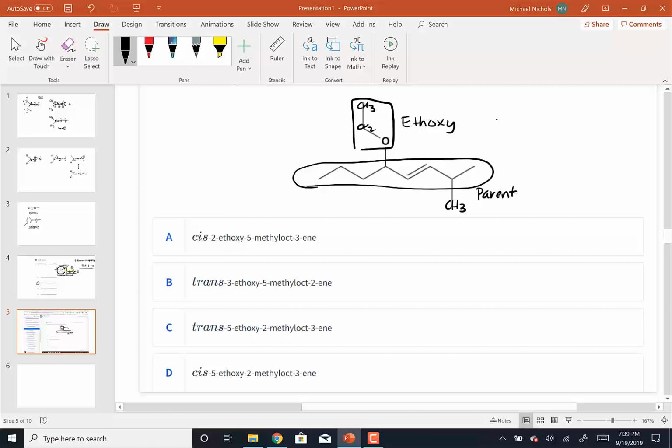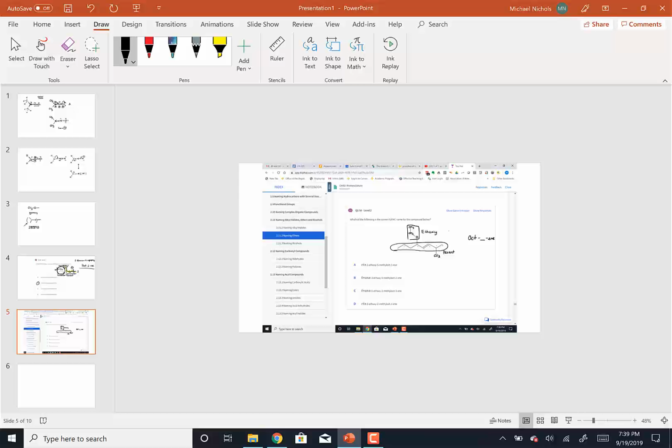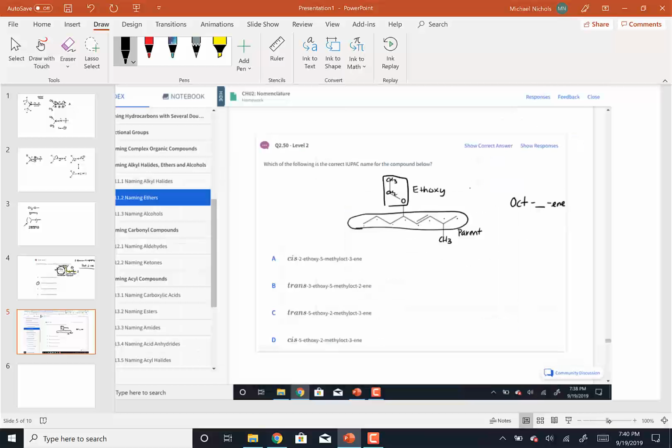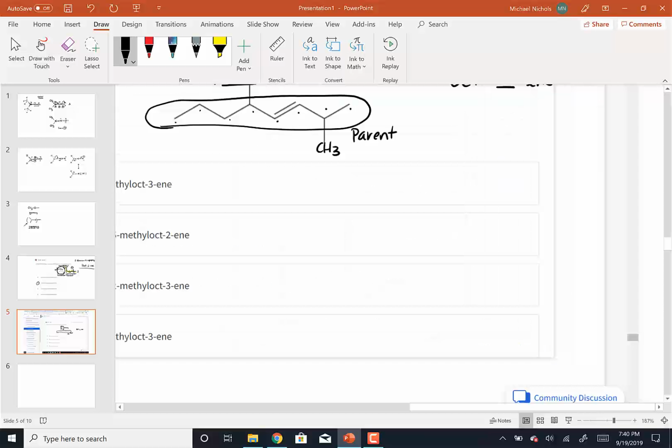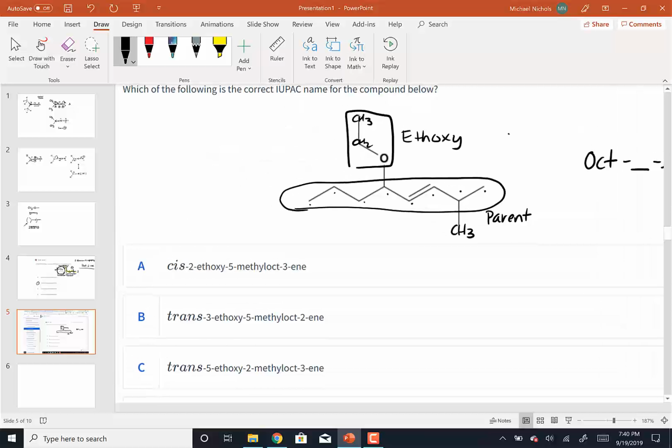Now, the longest continuous carbon chain is 1, 2, 3, 4, 5, 6, 7, 8. So this is going to be an oct. Oct what? It's going to be an octene. We number from the end closest to the double bond.